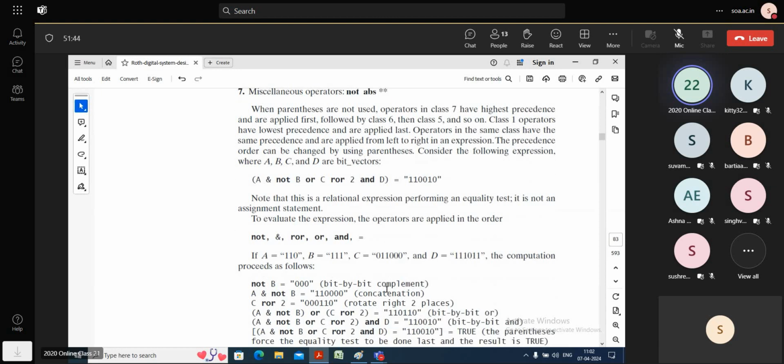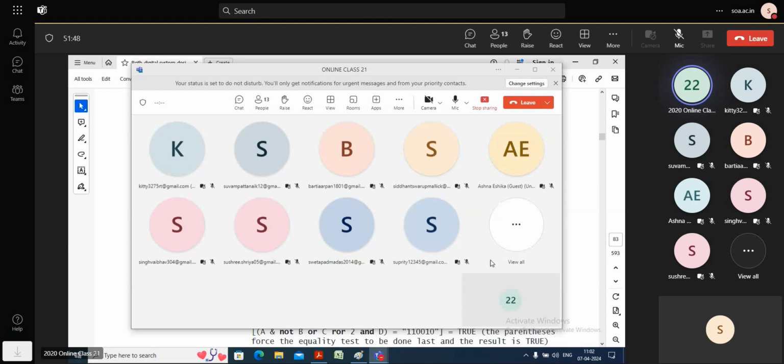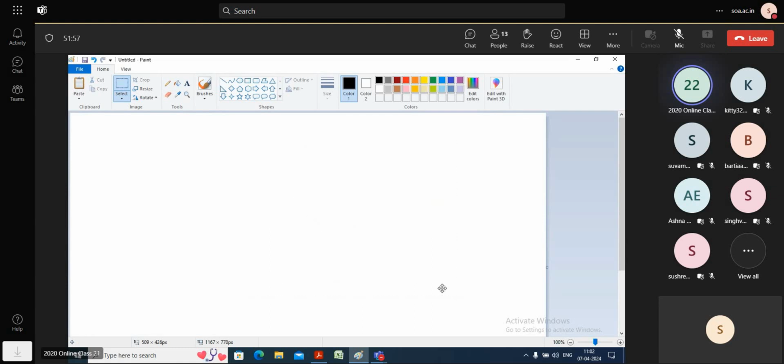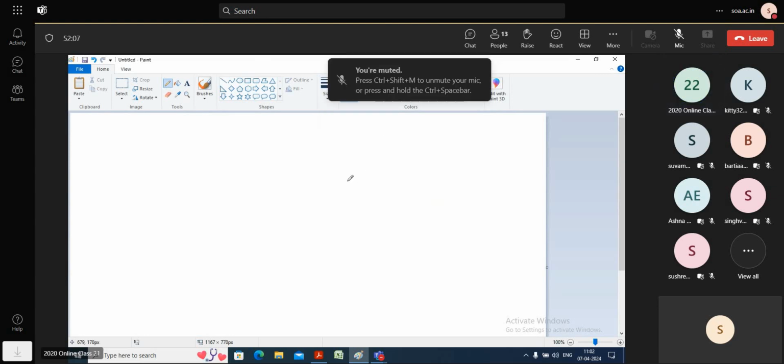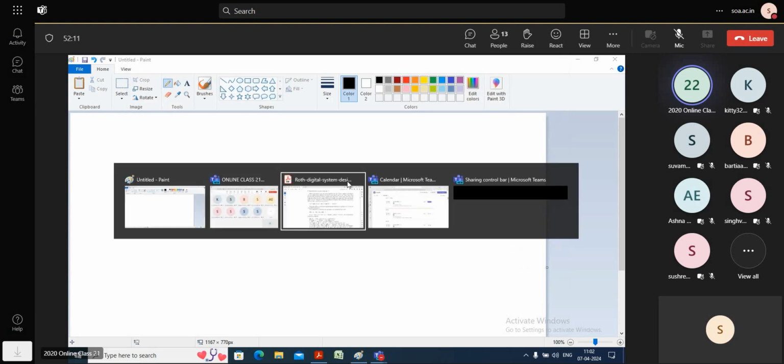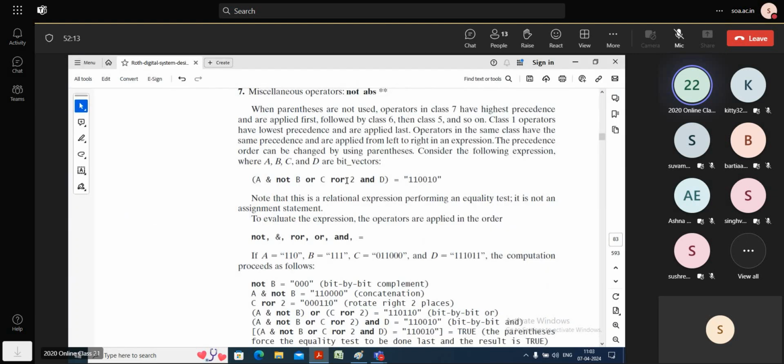So here you can see the value of A, it has been taken as 110.